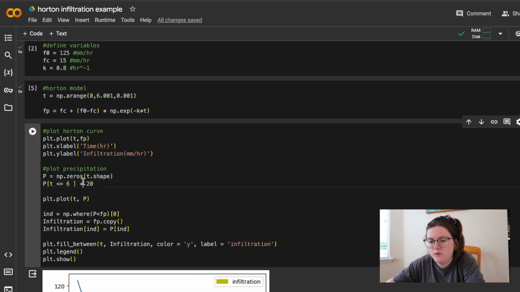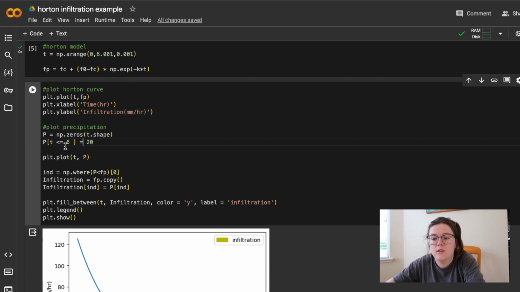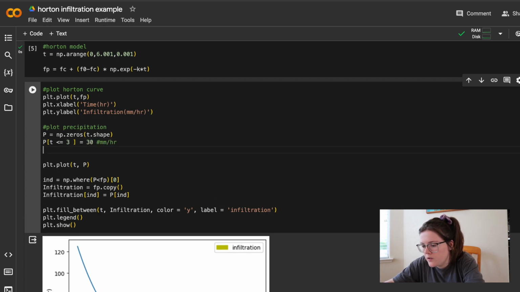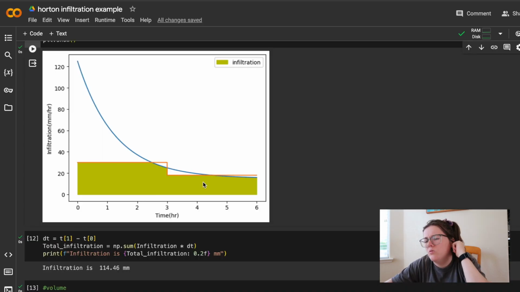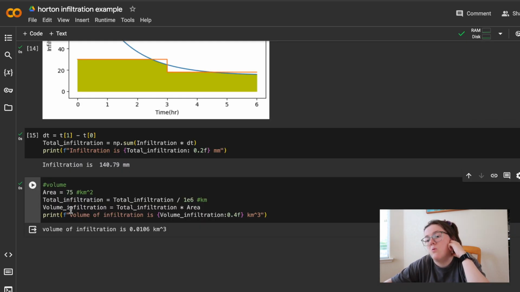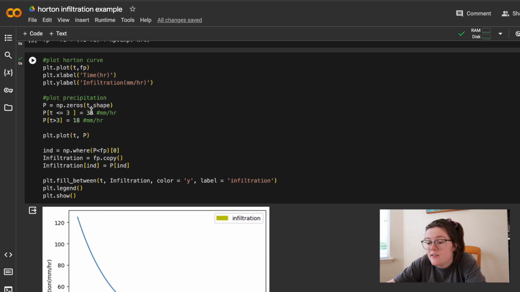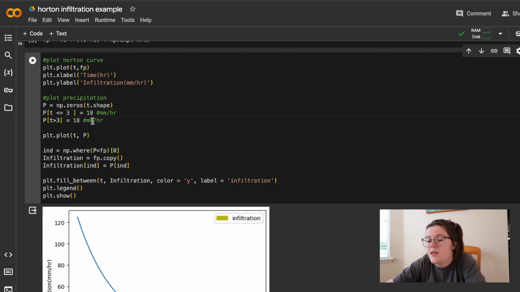We'll do P for T less than or equal to 3. We'll set it equal to that 30 millimeters per hour. And then for P, T greater than 3, set it equal to that 18. That's so cute. I don't like this example, but those are the values that you get.